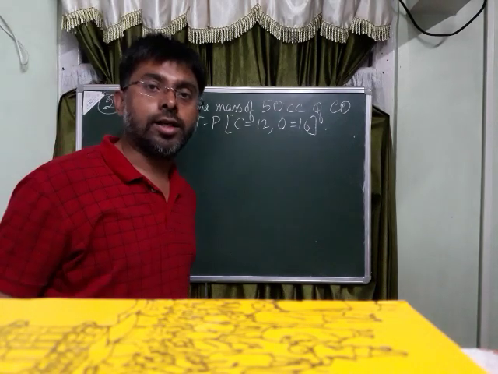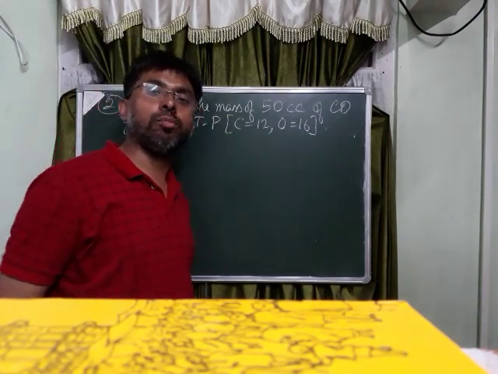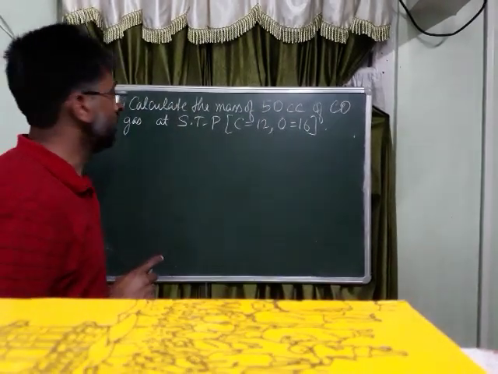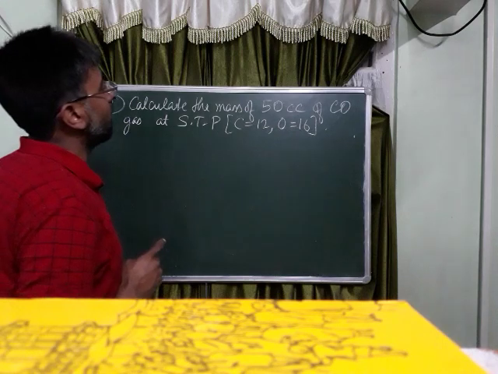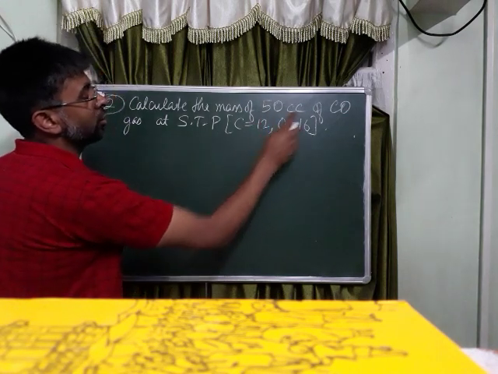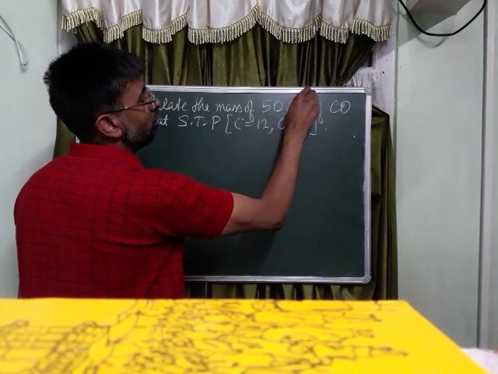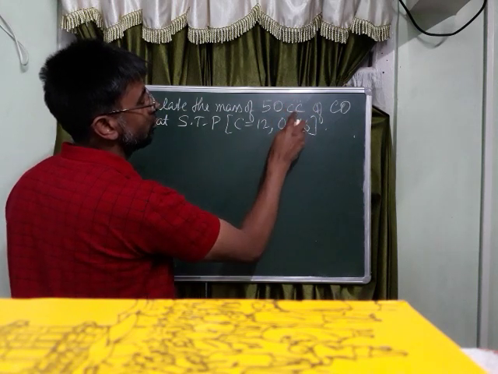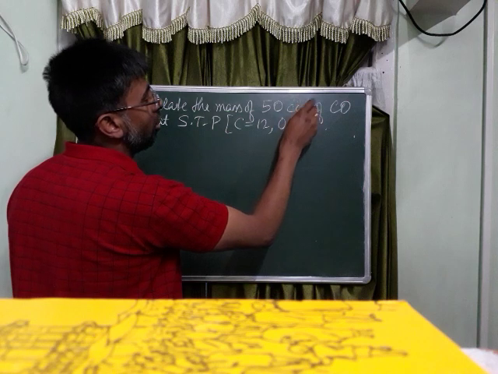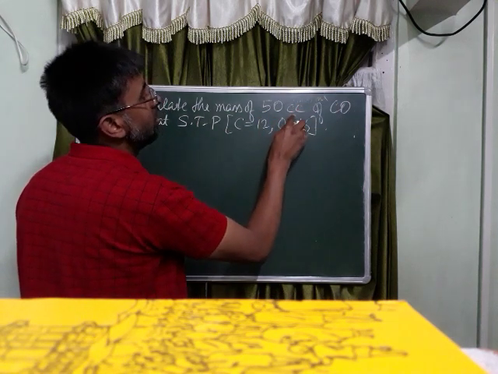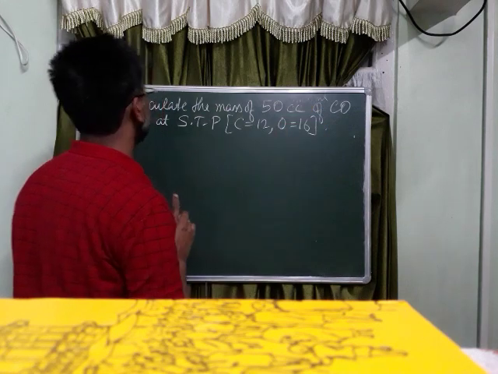Okay, now let us look at the second problem based on mole concept and Avogadro's number. Please copy this question. Calculate the mass of 50 centimeter cube. We can write cc also, which stands for centimeter cube, or this is also equal to milliliter. 50 centimeter cube, cc or milliliter is the same.